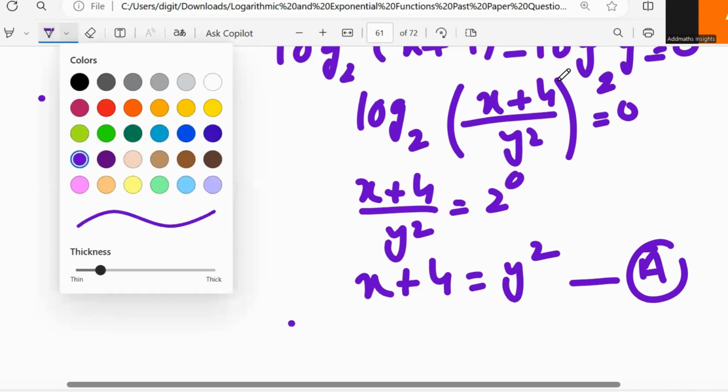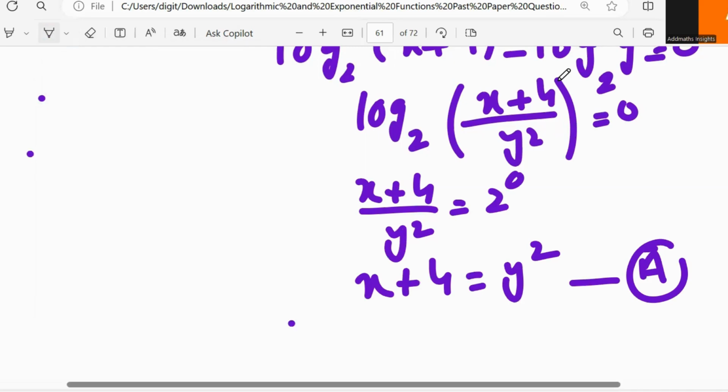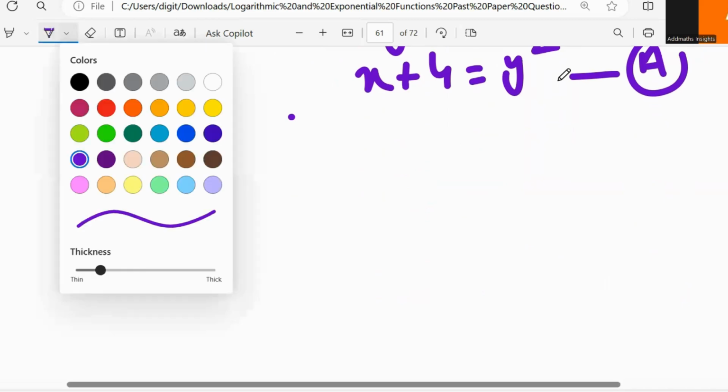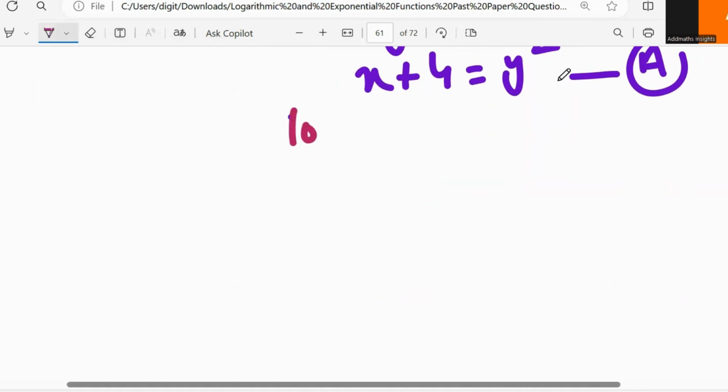Now we move to the other equation. The second equation is log base 2 of (7y - x) is equal to 4.